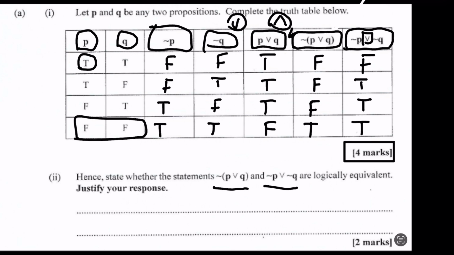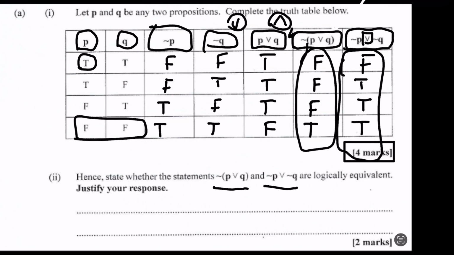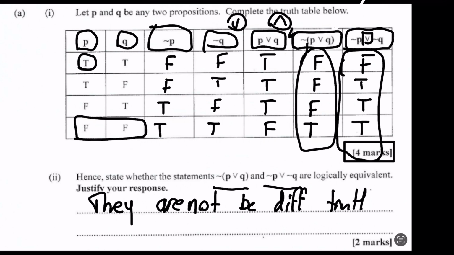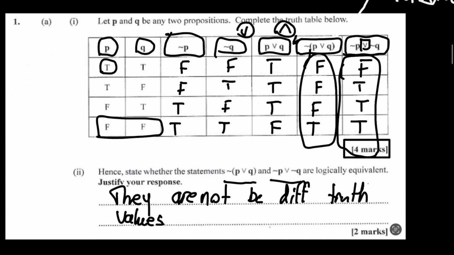So we look at this negation of P or Q. We have F, F, F, T, and in the other one we have F, T, T, T. So they are not logically equivalent, because they have different truth values. And that's all they're asking for, and that's 6 marks that you're getting. So that's pretty good. So let's move on.